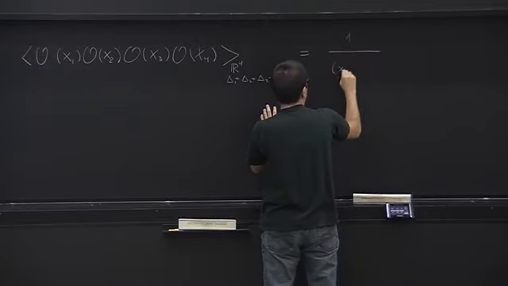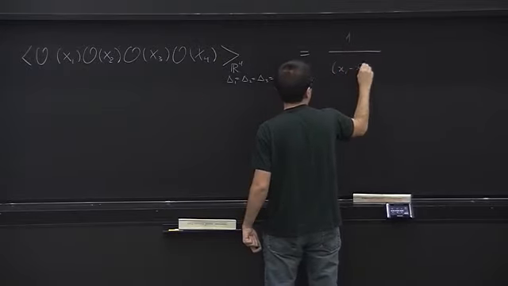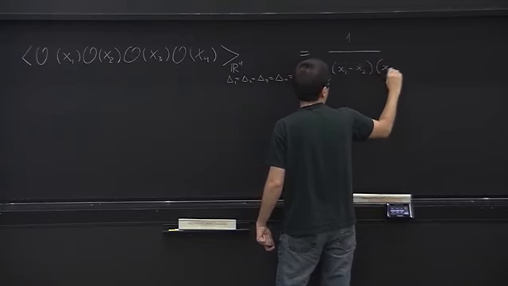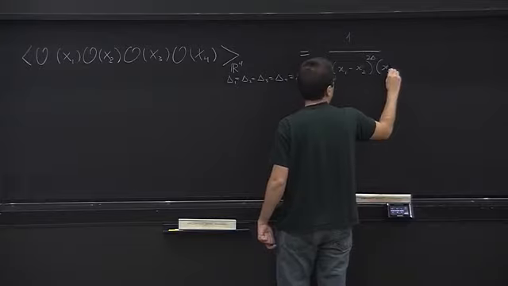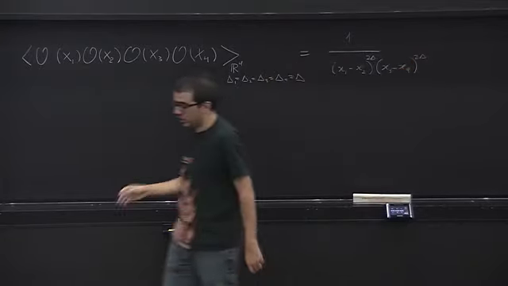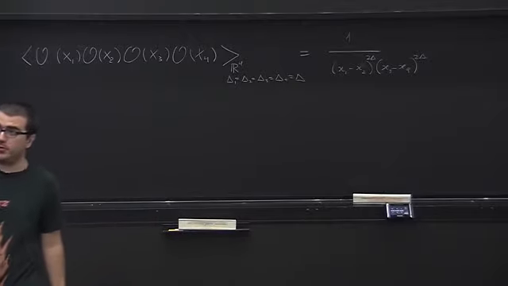You just write x1 minus x2 to the power 2 delta, x3 minus x4 to the power 2 delta. And you can easily check that under inversions, this transforms as a 4-point function should.